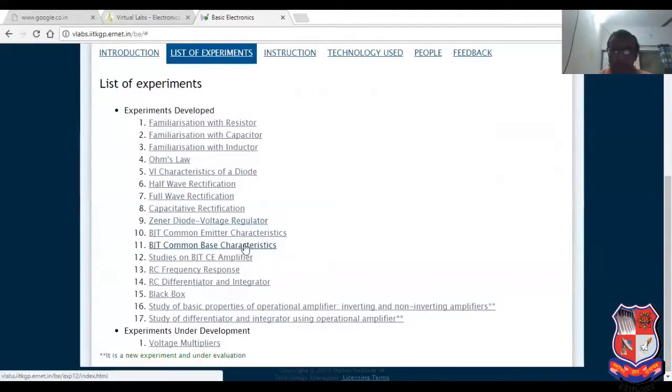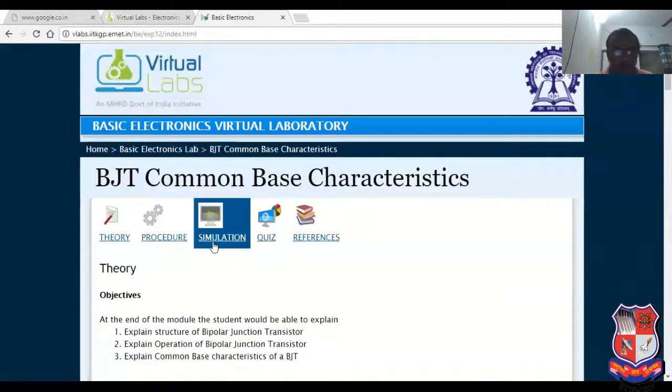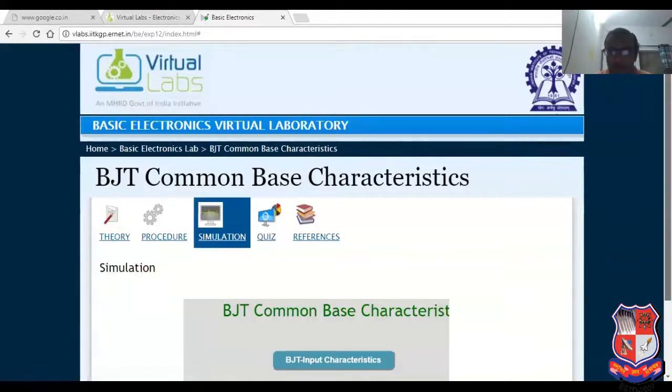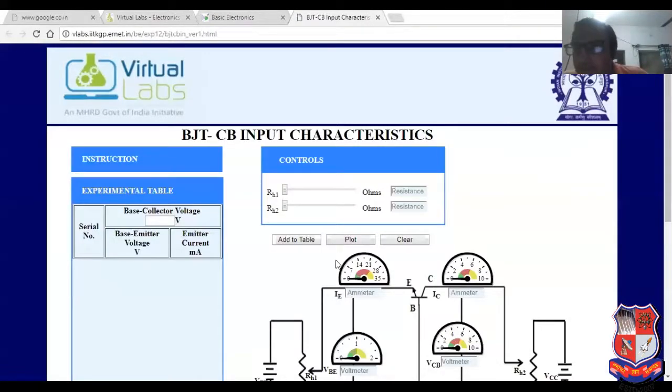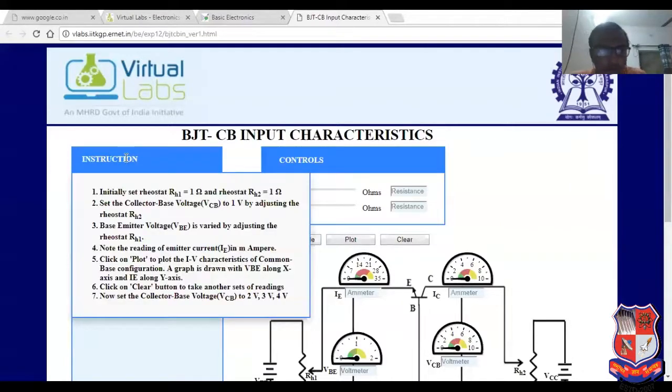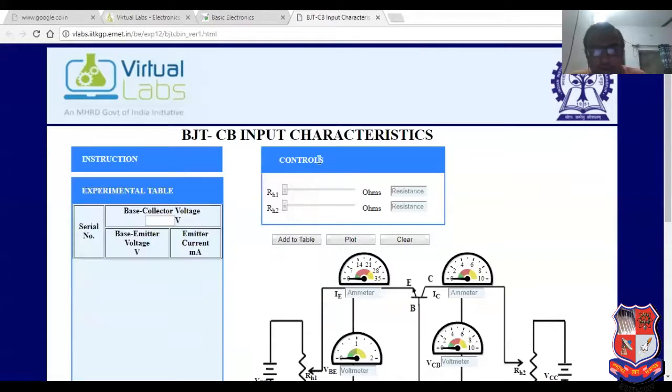See this, common base characteristics. We have performed the simulation. First of all, we have measured the input characteristics. So read the instruction here: initially set rheostat 1 to 1 ohm and rheostat 2 equal to 1 ohm.